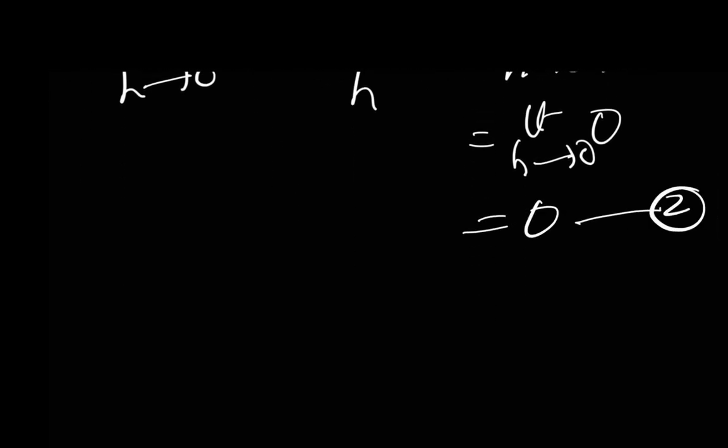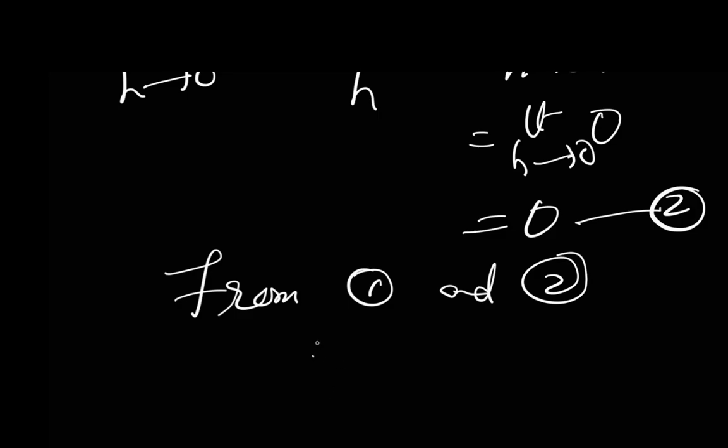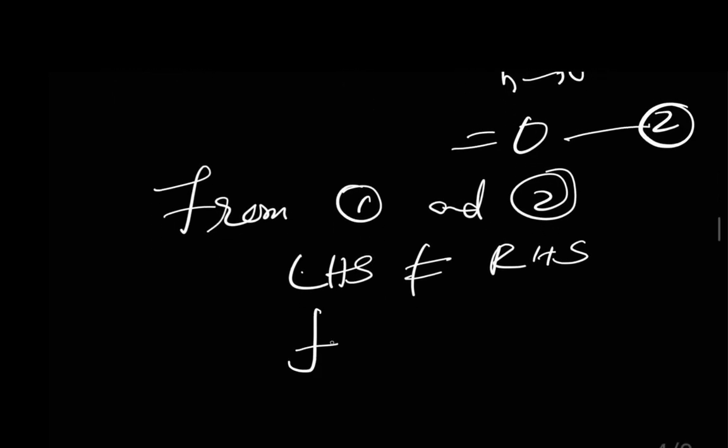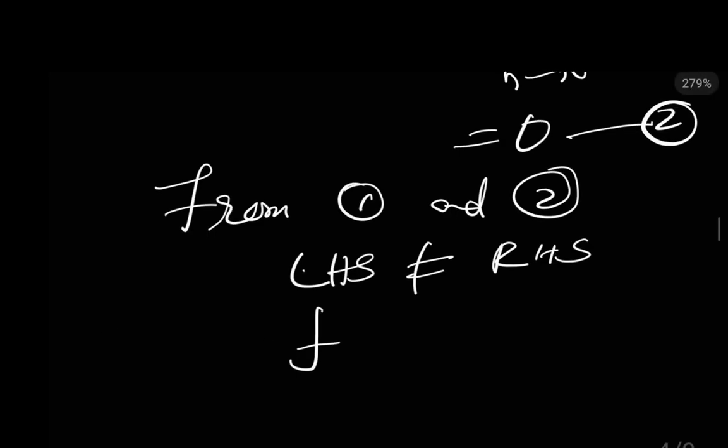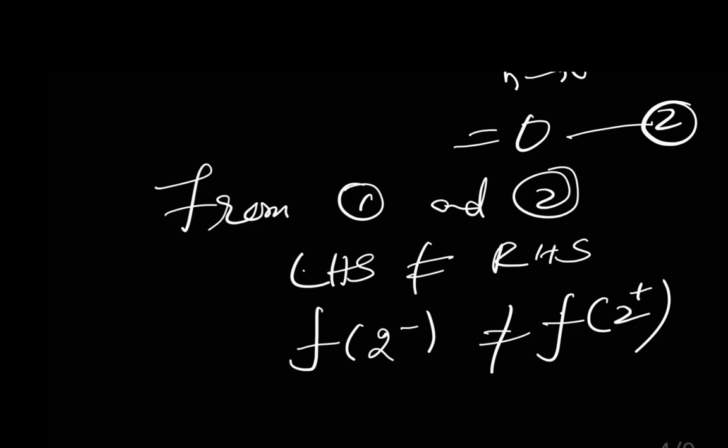This is 2. So from 1 and 2, left side is not equal to right side, because the left side value is infinity and the right side value is 0. That is, f of 2 minus is not equal to f of 2 plus.